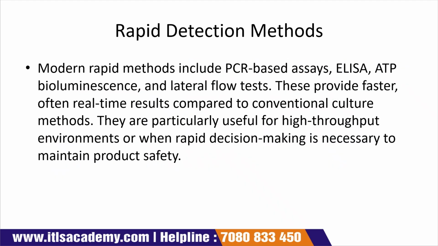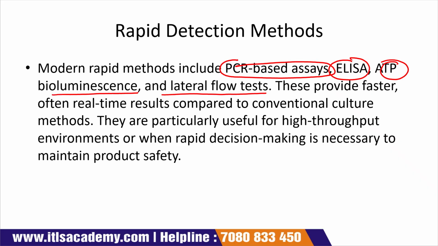Rapid detection methods. Rapid detection methods include PCR-based assays, ELISA, ATP bioluminescence, and lateral flow tests. They give rapid results for monitoring the safety of food preservation. These provide faster, often real-time results as compared to the conventional culture method.